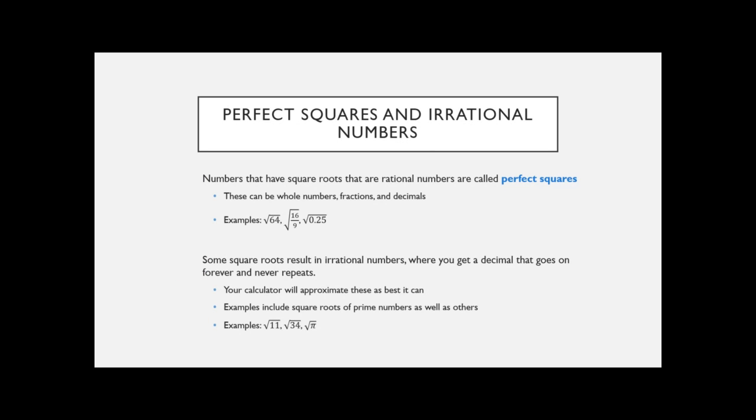So we've got the square root of 64, which is 8. That gives you a whole number. The square root of a fraction, when you do that, you take the square root of the top and the bottom. So that would give us 4 thirds. And then the square root of a decimal, you would actually be taking the square root of 25, and then you have to move your decimal place.